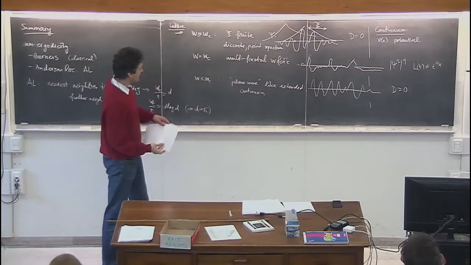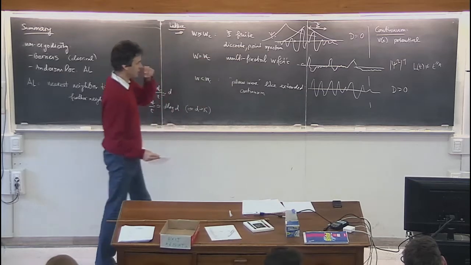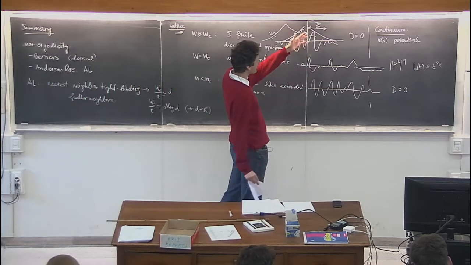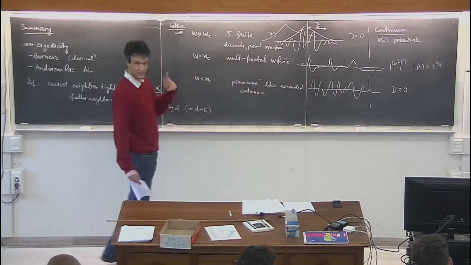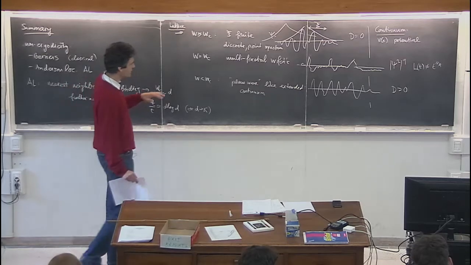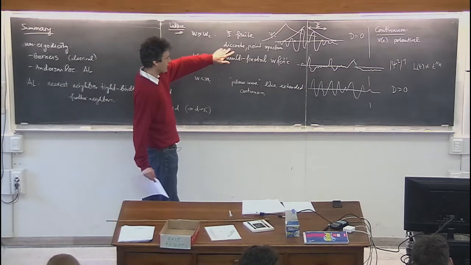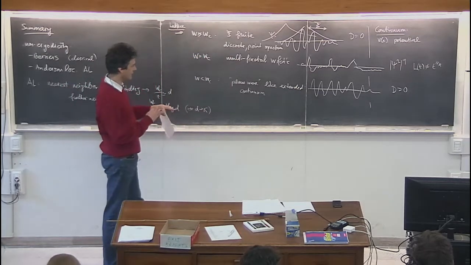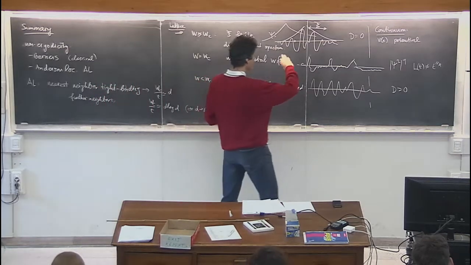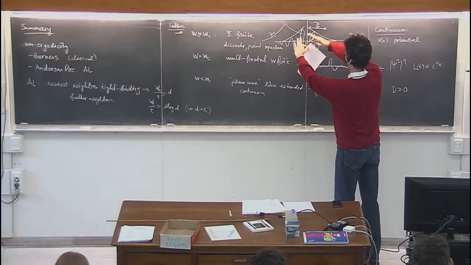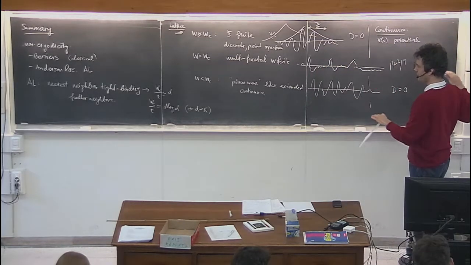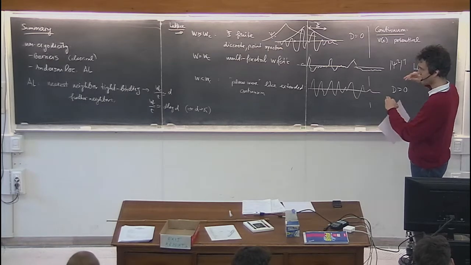And by studying the spectrum, you can actually also detect localization. It's not necessary to look at the wave functions. You can also just diagonalize and look at the spectrum of eigenvalues. And if you have a discrete point spectrum, the eigenvalues will not repel each other, because eigenvalues that come from wave functions that are far apart in space do not know about each other, and they can come arbitrarily close.